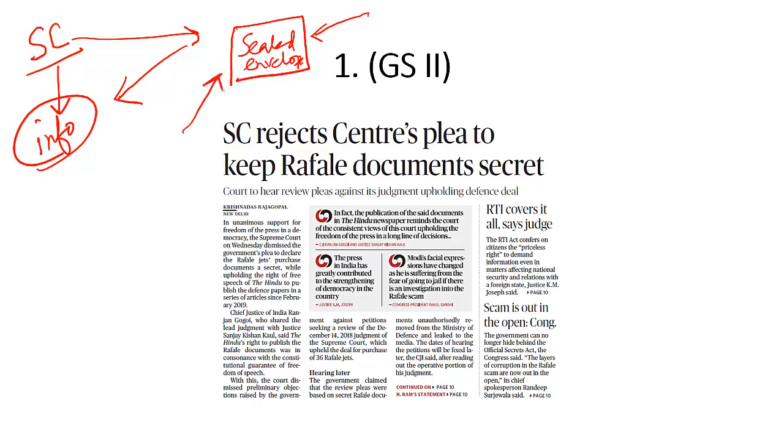Because the central government said if we provide you the price of this Rafale jet, then our enemies will come to know the specification of this Rafale jet. And it will be a national security nightmare for us. It will be a boost for our enemies. They will come to know about our war preparedness levels. That is why we cannot provide you the specifications.